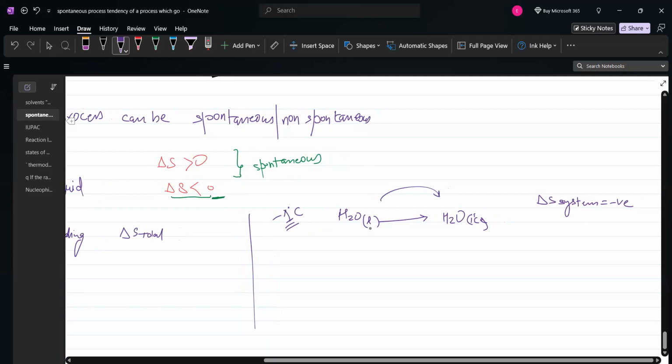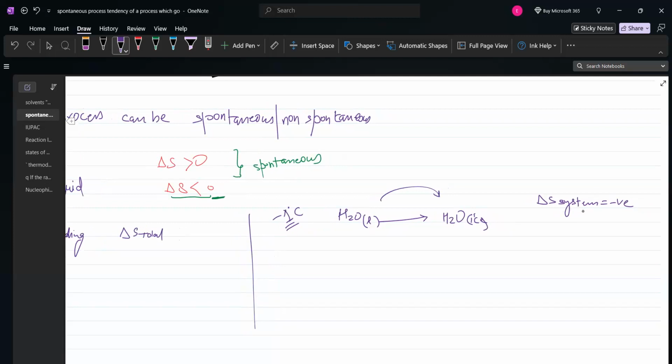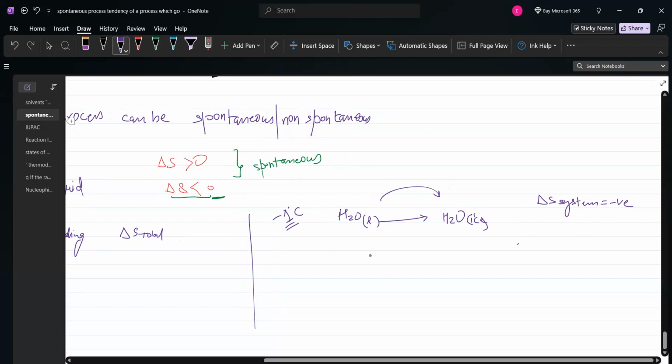We have understood that liquid is converting into ice. This is negative. So what is happening? We have to check this. For this process to happen, delta S total should be negative. This is 100% true.